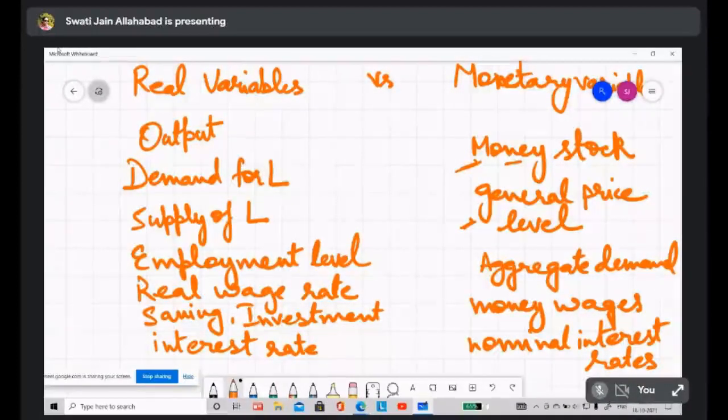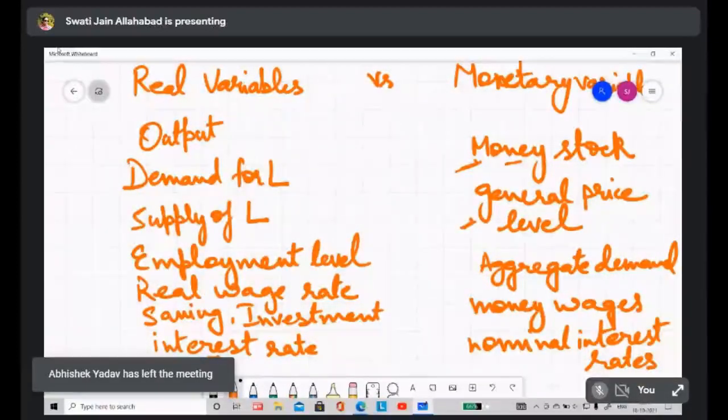That will again depend on employment level or output level. Savings and investment, how will it change? It will change only if the real interest rate is changing. If the money supply is changing, savings and investment will not be affected. So there is a separation between real variables and monetary variables in the classical system.